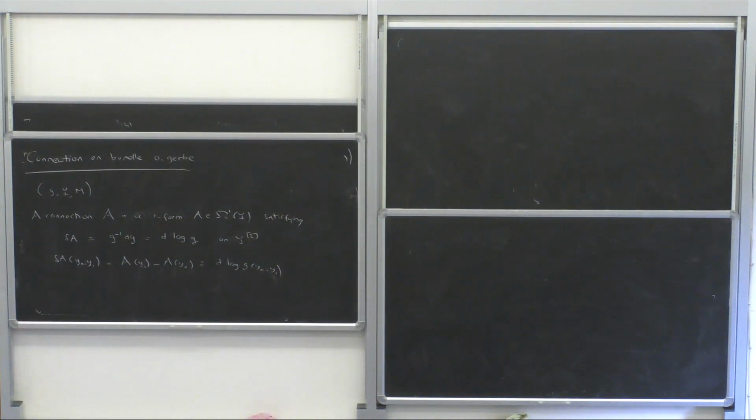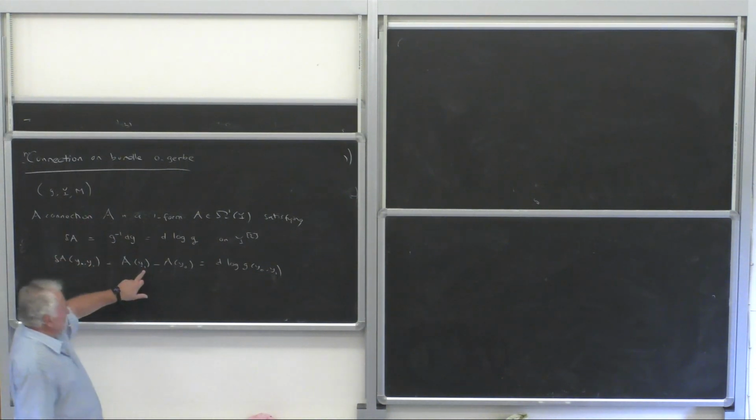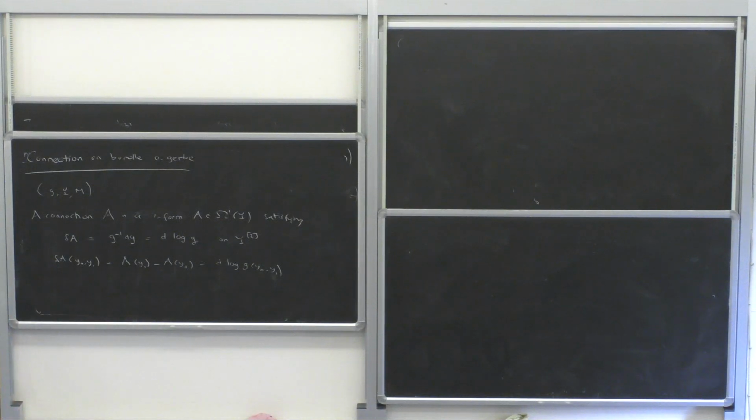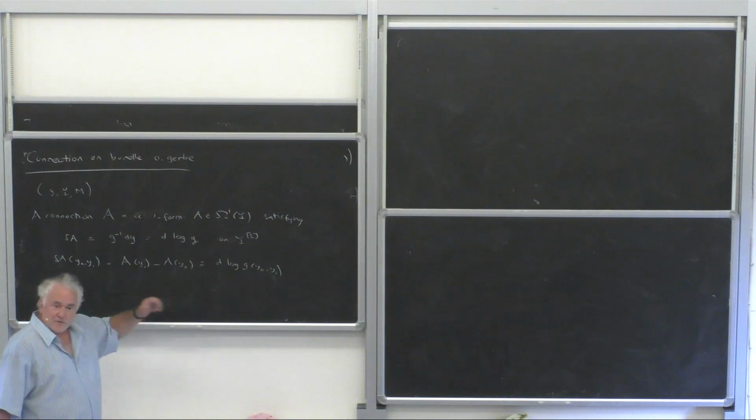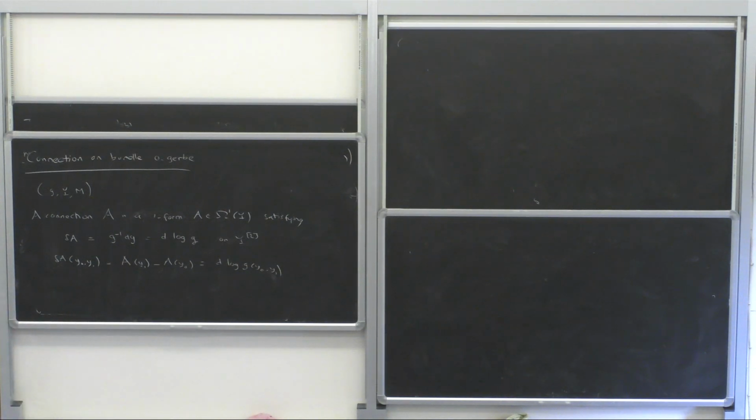This is not particularly difficult to guess, because if you have an open cover, then this is precisely the condition that the gauge field on the base should satisfy on overlaps. But you can just write down the same thing for connections on bundle 0 gerbes.